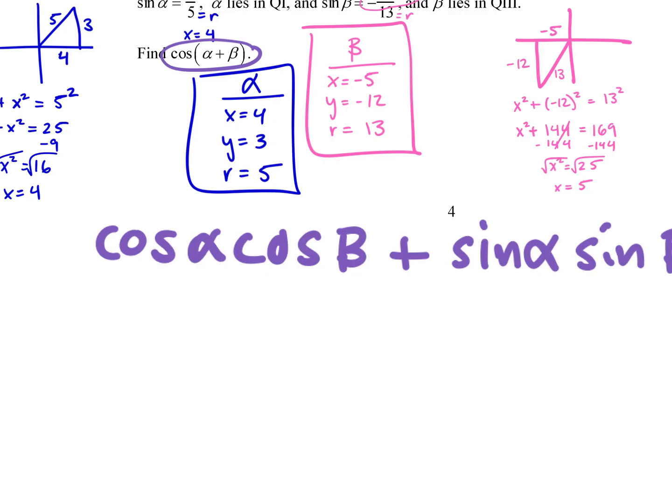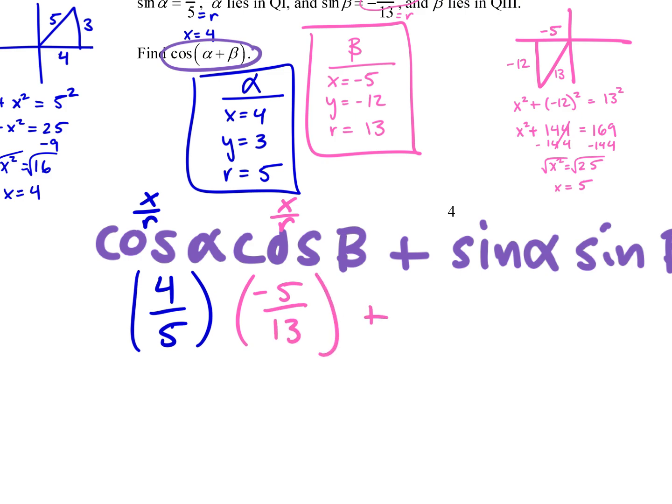Cosine is what over what? X over r. So cosine of alpha, we're looking at our blue triangle here, our A triangle. So x is 4 over 5. Cosine of beta, we're looking at the pink triangle, x over r. So that would be negative 5 over 13.